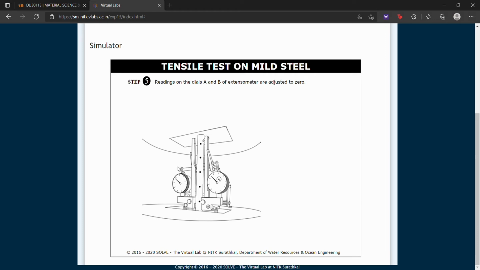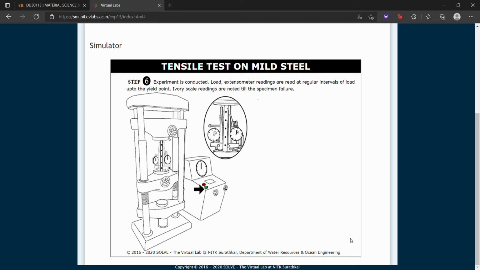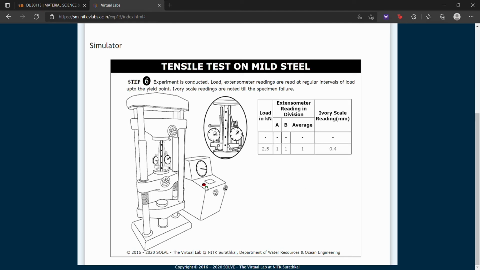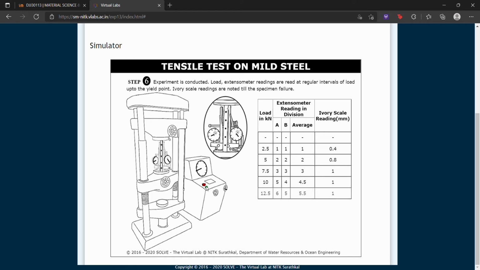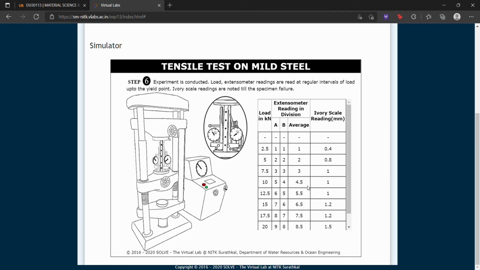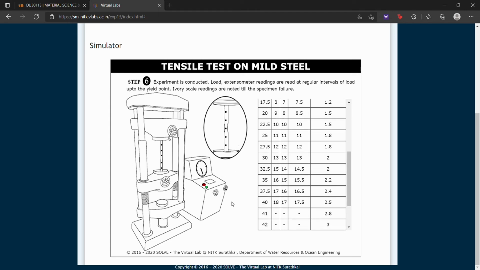Readings on the dials A and B of the extensometer are adjusted to 0. Step 6. The experiment is conducted. Load and extensometer readings are read at regular intervals of load up to the yield point. Ivory scale readings are noted till the specimen failure.